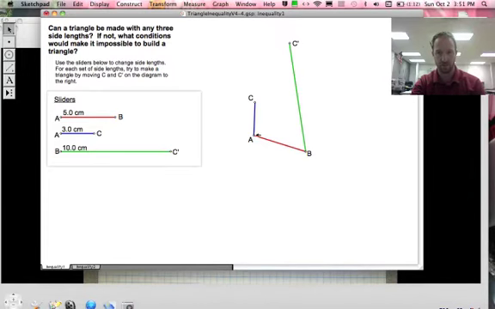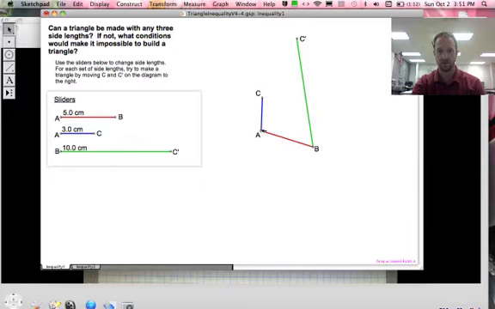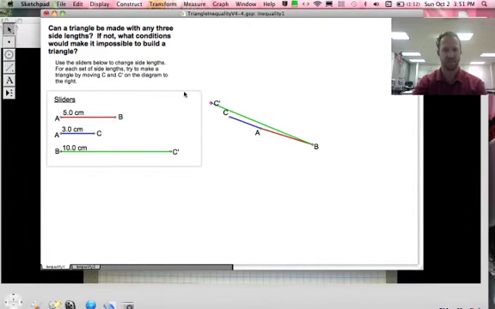Okay, so let me move things around here a little bit. There we go. And I'm going to try to move this top point down. Am I going to be able to make a triangle out of this? I don't think so. I don't think 3, 5, and 10 is going to work.